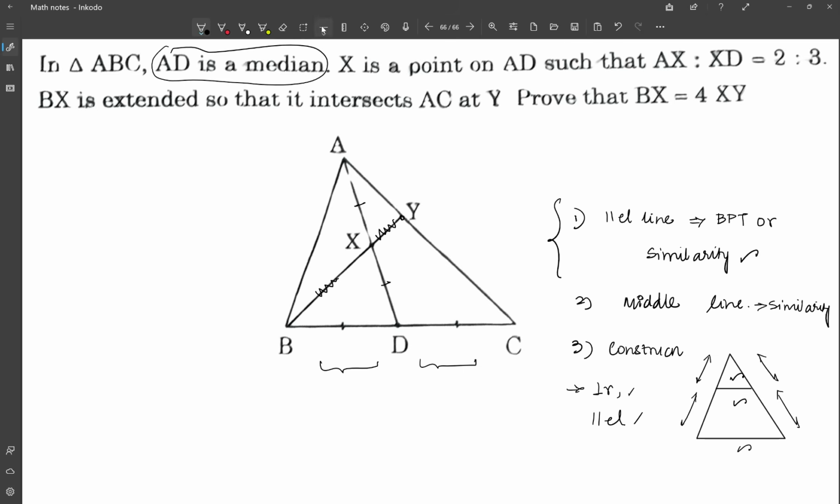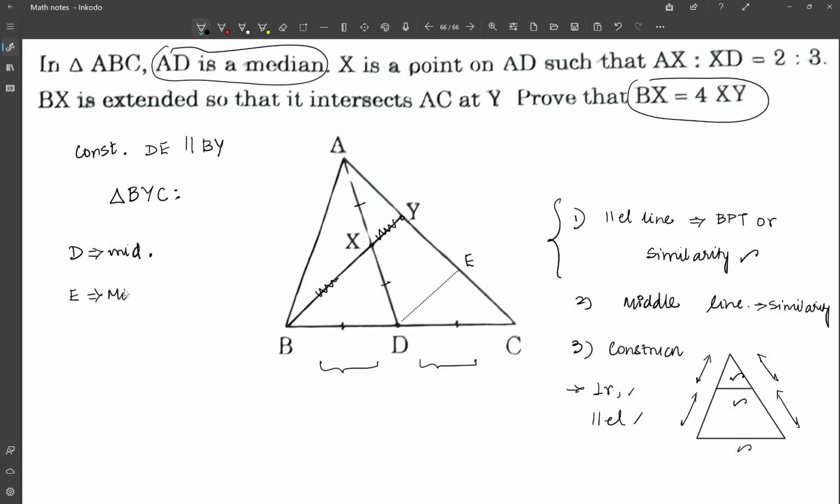Now I'm going to make this construction a parallel line to BY. That is because we have BD and DC that are equal. So that is your first step. Construct, let's call this DE. So construct DE parallel to BY. Now, BX and XY happen in the triangle BYC. So in triangle BYC, D is the midpoint and E is the midpoint.